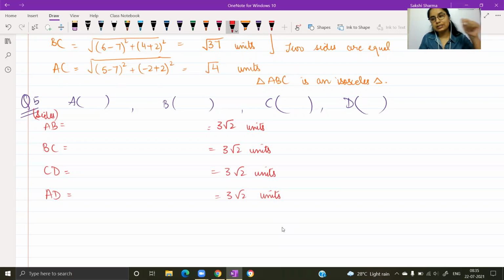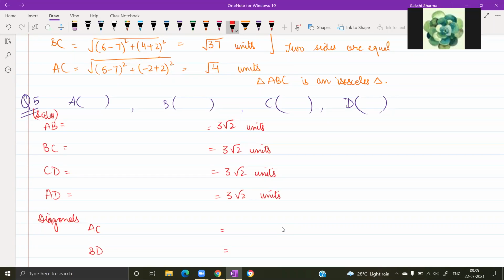Since all the 4 sides are of the same length, it is possible that the quadrilateral formed is either a square or a rhombus. To further distinguish, we will look at the diagonals. So AC and BD. Both are 6 units.